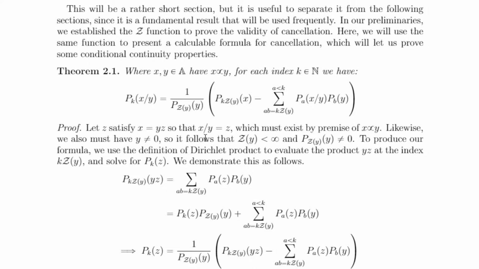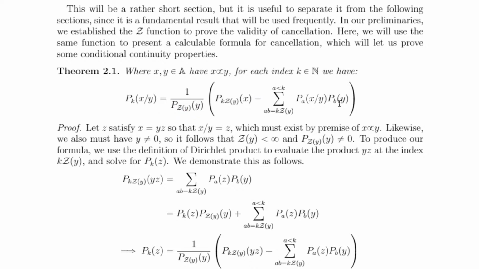And so that's where we get our cases from, because if k is 1, then we get this positive 1 divided by this first term, and then we get a sum with an upper bound less than 1. Well, that's an empty sum. And if we have higher indices, then this term would zero out, and this term would get the negative reciprocal of the lowest index of y times the rest of the sum.